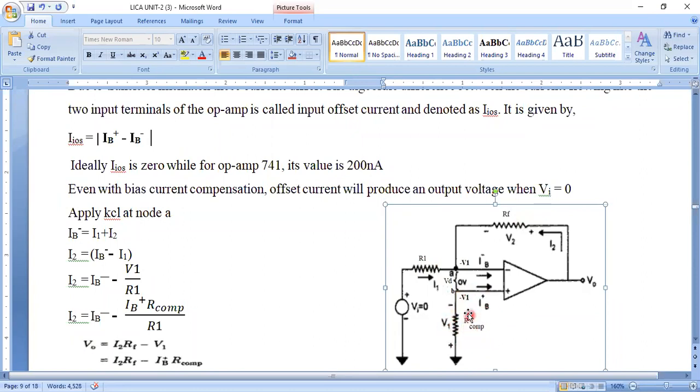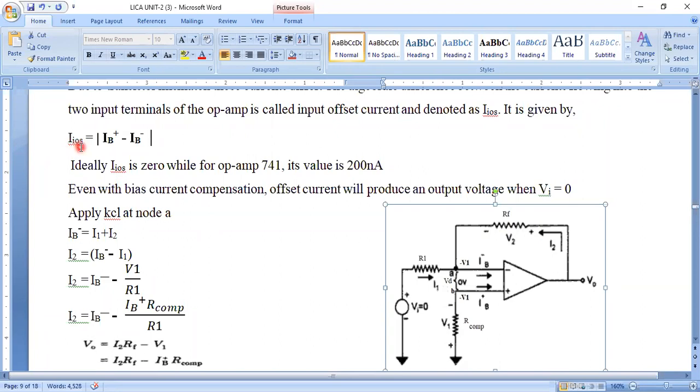R compensation is connected to the non-inverting terminal, R input is connected to the inverting terminal, and the feedback resistance is connected in negative feedback. Here we are eliminating the effect of input offset current. Input offset current is represented by capital I with suffix IOS: capital I for current, and small IOS for input offset.